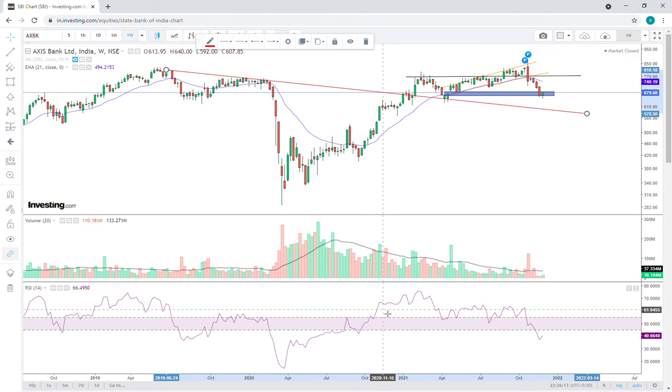Still, there is no kind of divergence or change of trend in Axis Bank too. So overall, it is possible that HDFC or SBI will try to pull the Bank Nifty up, and Axis Bank and ICICI Bank might pull it down. That could be one case with the Bank Nifty.